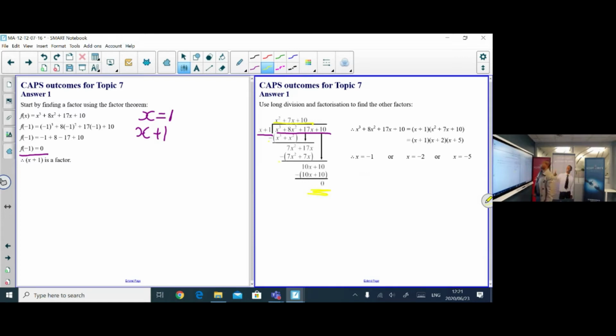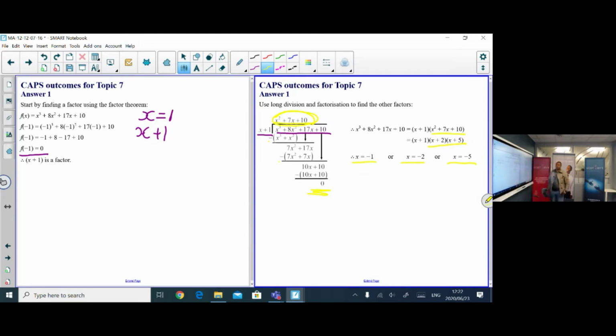So when you do your long division, you end up with that quotient on top, and you can now use your normal factorization. You can use even the quadratic formula to get your x, or any other tools you are versed with to get your factorization here. When you factorize that, you get this, okay? Which means now we have 3 expected factors, and your x from those factors would be that.